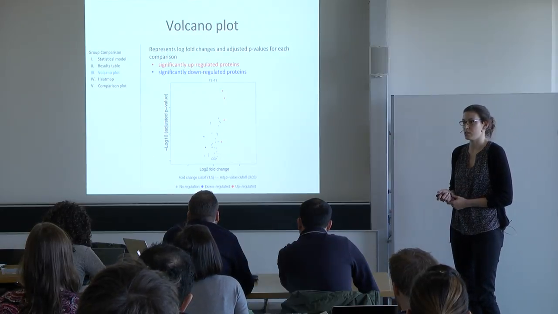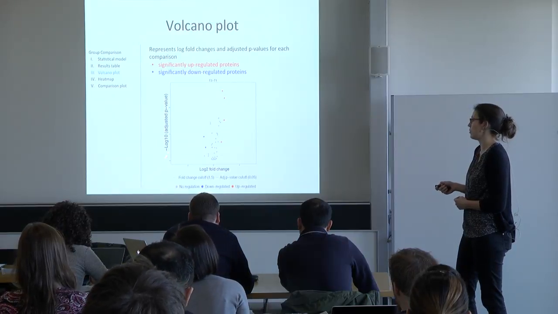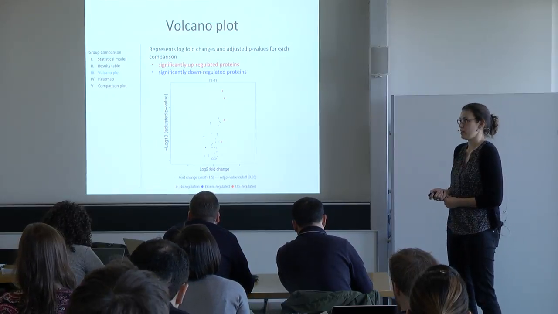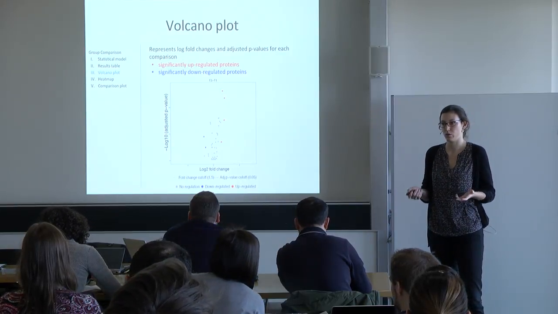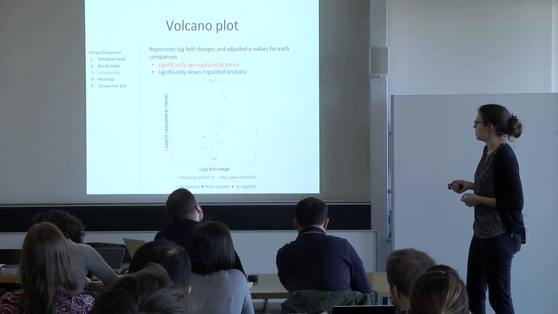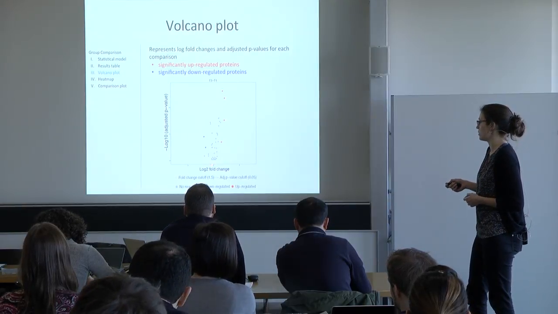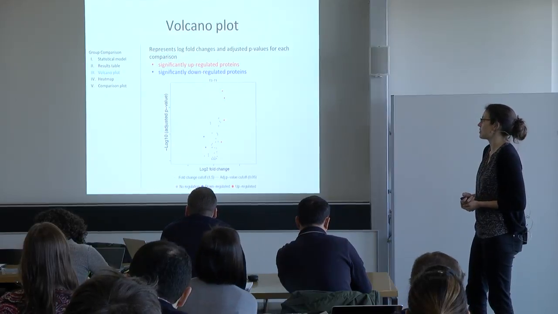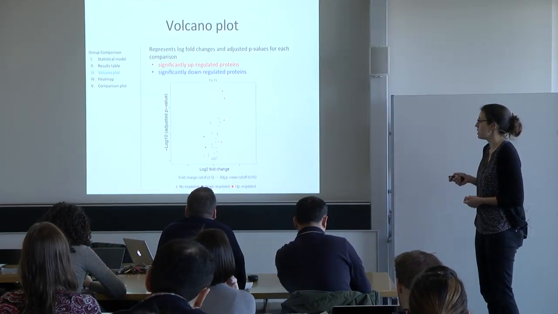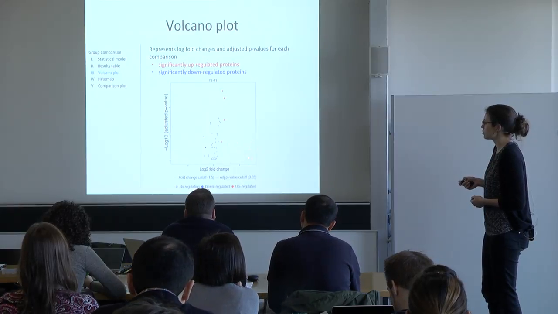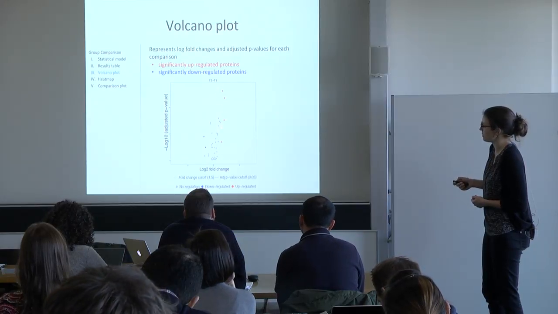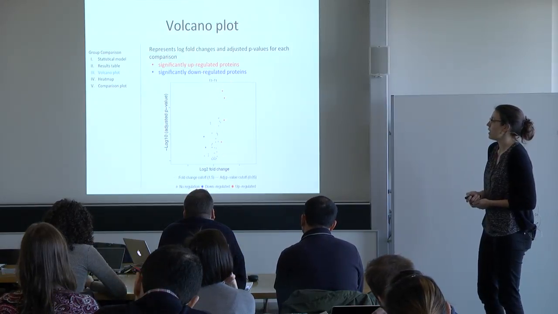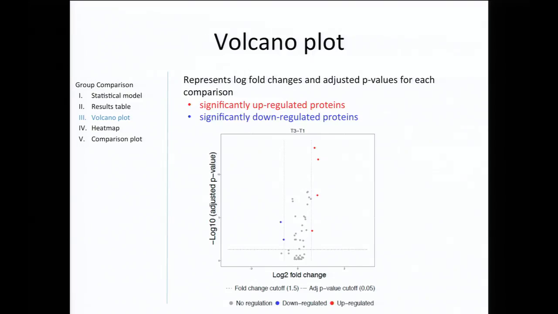So the statistical significance is increasing from bottom to top, and the so-called practical significance, which is the biological effect you want to observe, is rising in significance from the middle to the sides. The significantly upregulated proteins should have a high log 2-fold change and also a very low adjusted p-value. So those would be up here in the upper right corner. And the significantly downregulated proteins are in this upper left corner.